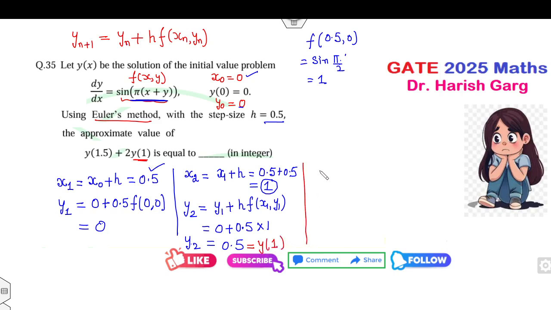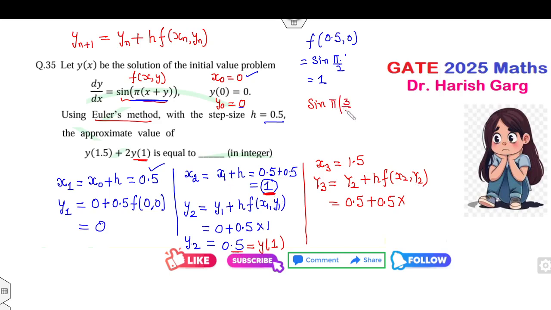Now can you calculate the value of x3? x2 plus h is 1.5. So the value of y3 is y2 plus h f of x2, y2. The value of y2 is 0.5, h, and f is sine of pi x2. x2 is 1, y2 is 0.5.